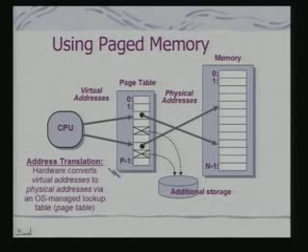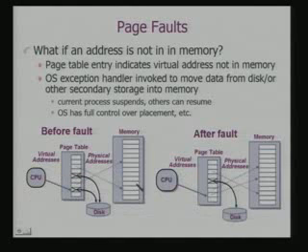So, what happens when CPU generates an address of a page which is not in page table? Then we have what we call page faults. So, page faults occur when CPU generates an address which is not in memory. So, page table entry indicates that virtual address is currently not in memory.